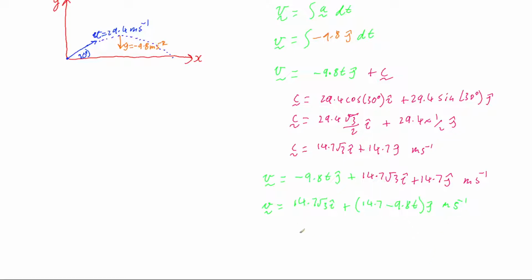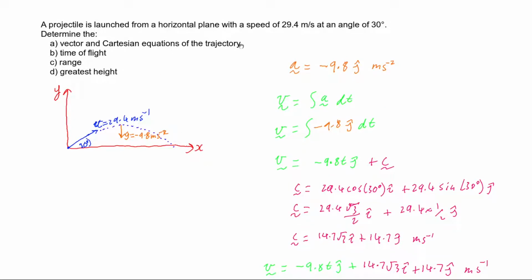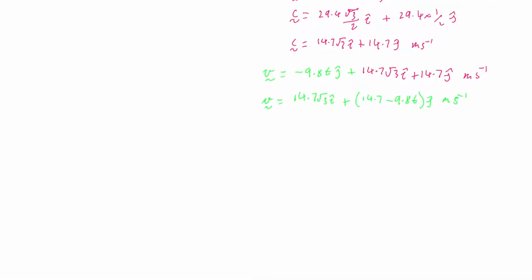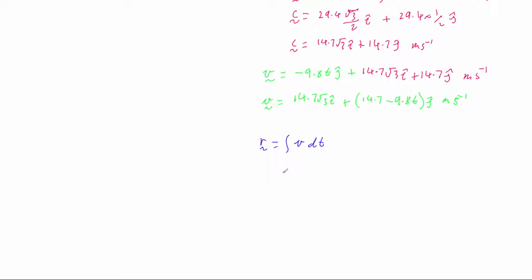So there we go, we've got our velocity, and eventually we're going to get to the trajectory, which is displacement. So now to get our displacement vector, we're going to have to integrate again, because displacement is given to us by the integral of velocity with respect to time.